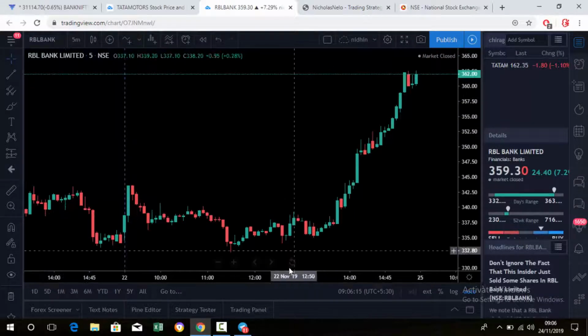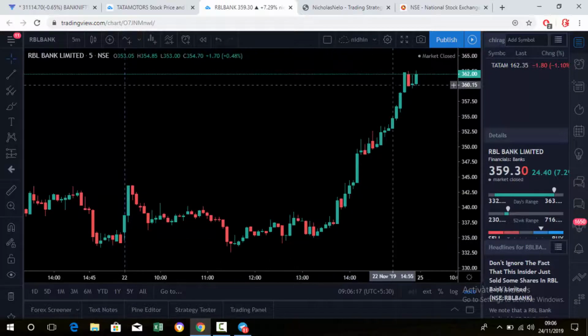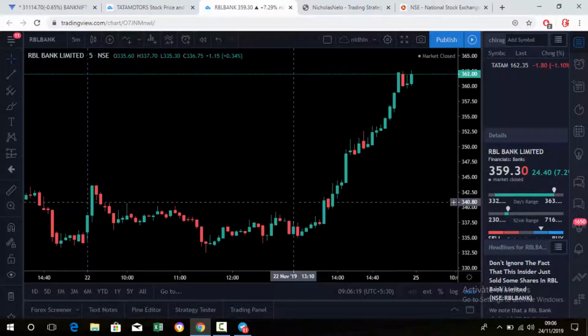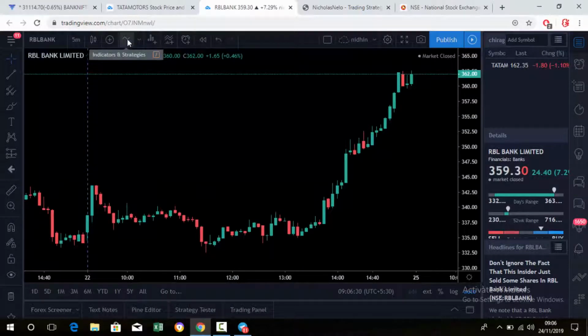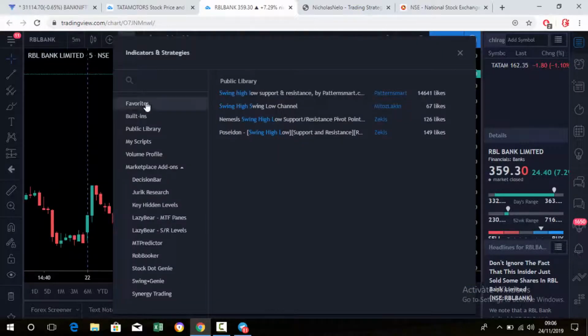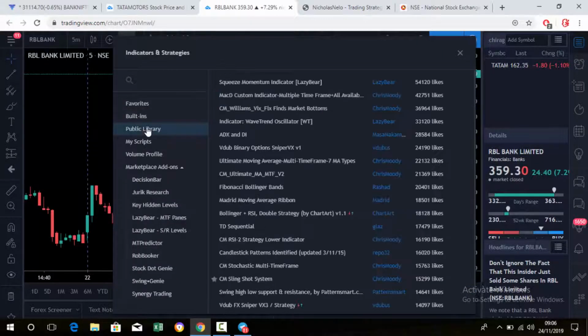Okay, now we got the RBL Bank chart. It shows a good movement on that day. Now we need to find the swing high and low automatically. If we don't know how to draw swing high and low, we can use an indicator. Just click here, public library, just click it.